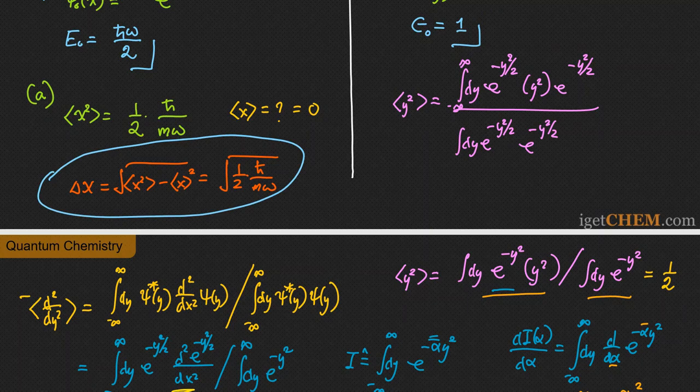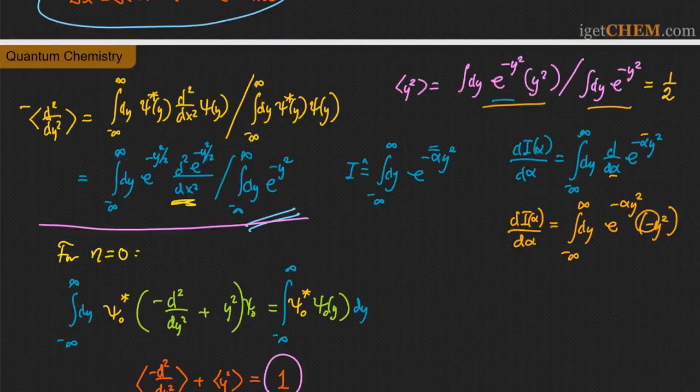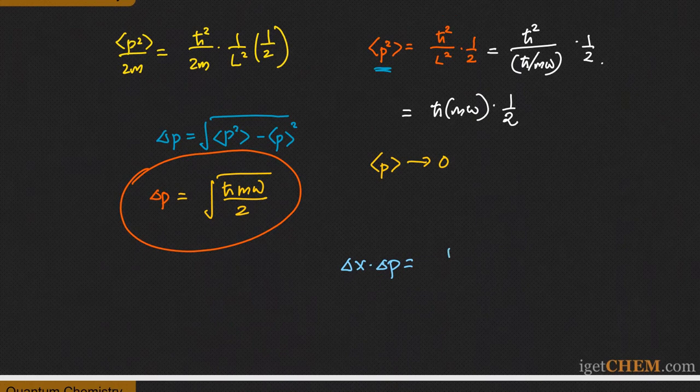So that's 1/2 h bar over m omega. If we multiply those two together, again, 1/2 h bar over m omega, that's delta x, and then delta p is h bar m omega over 2.